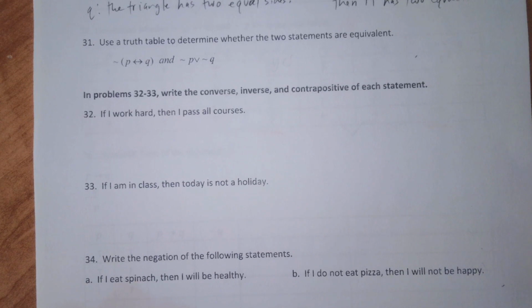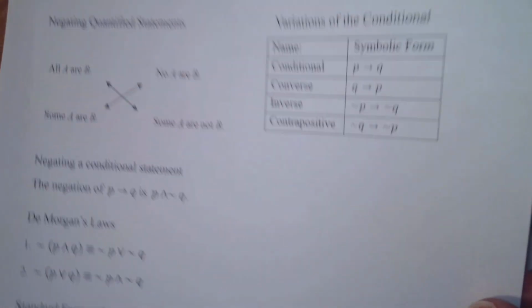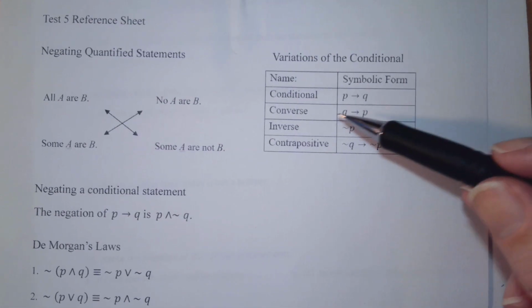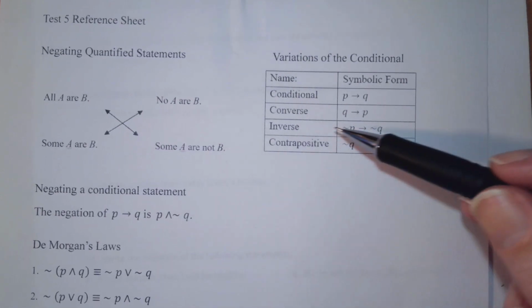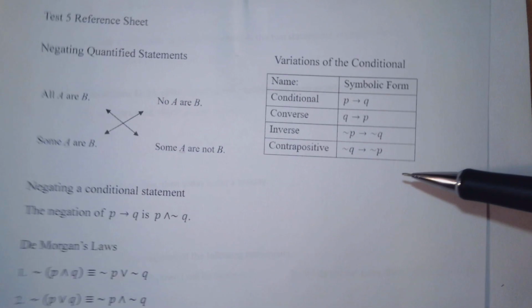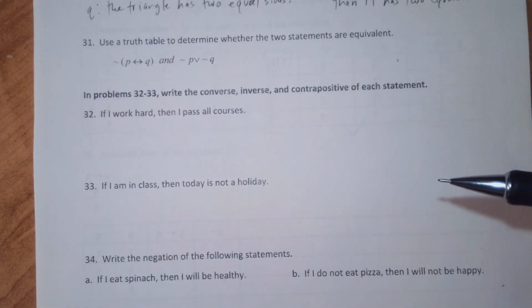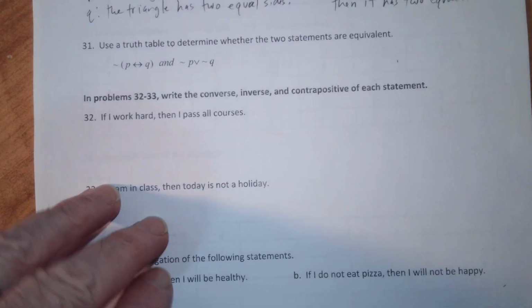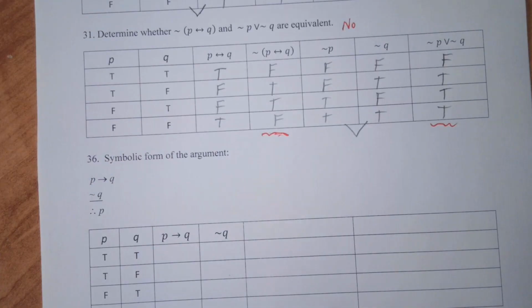All right, so I gave you guys a cheat sheet basically that's got the conditional and the other forms. So you're going to have this to refer to. I'm going to go ahead and put the answers for these.